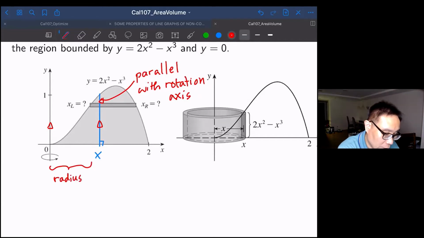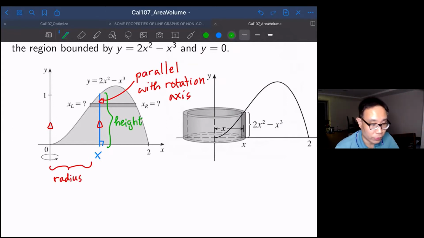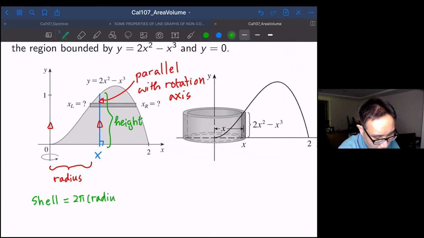And the height here turned out to be the height of the cylinder. So it's going to be 2x squared minus x cubed. Okay. And then you're going to have the shell, given by 2 pi radius multiplied by height.